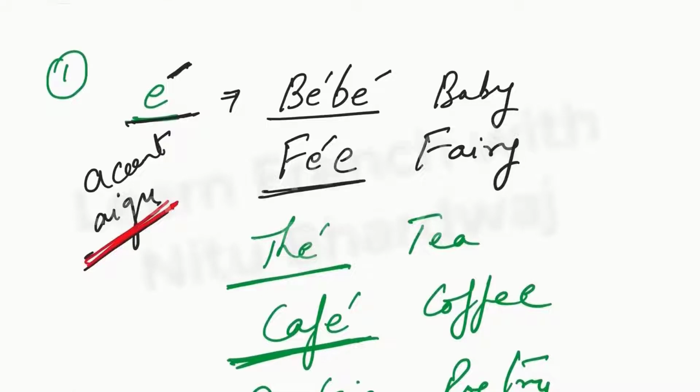If you can see this sign, this means here we have put the accent aigu.